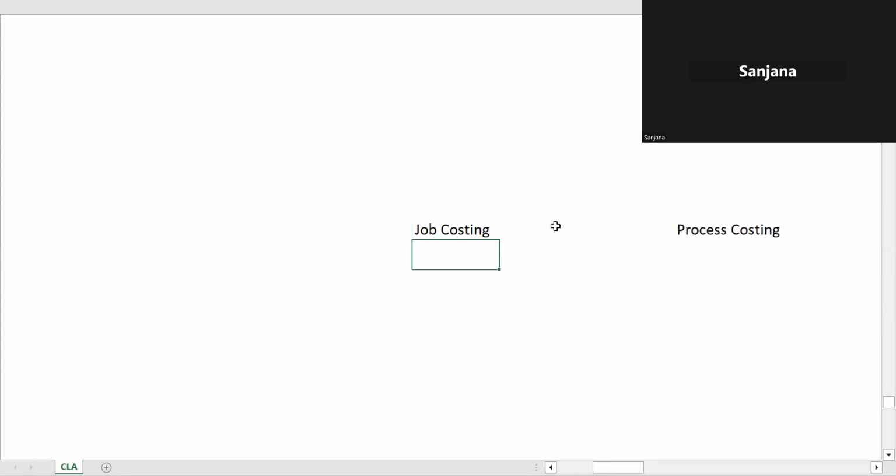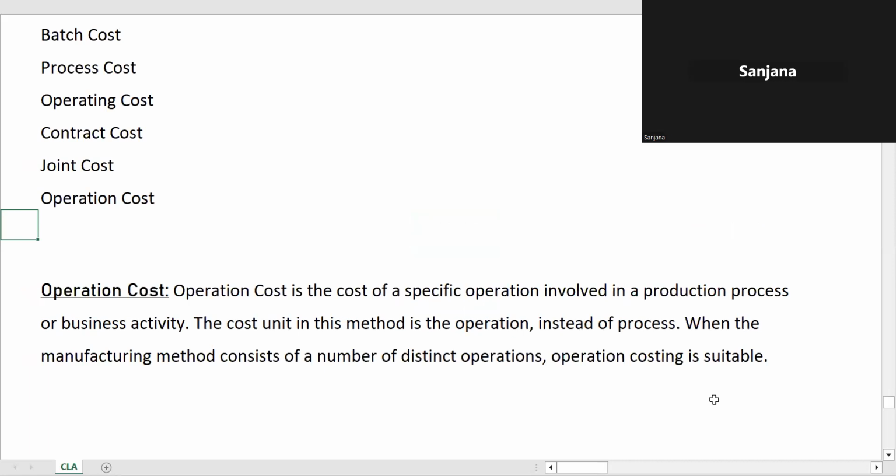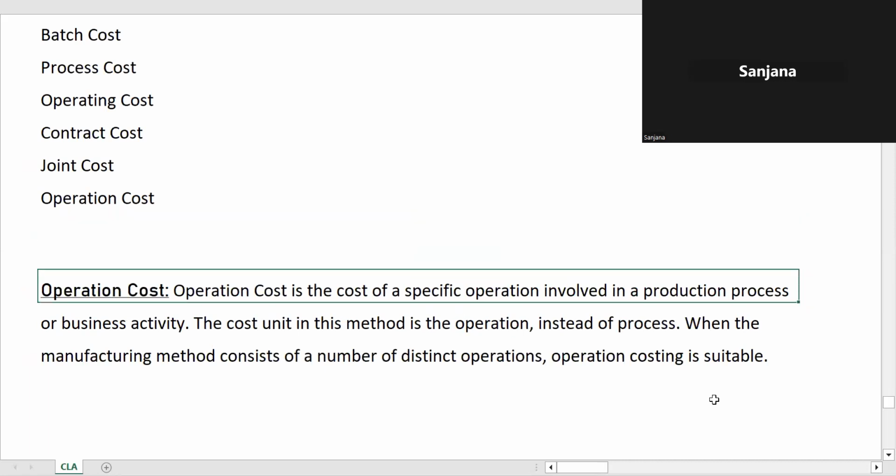For example, you are manufacturing different types of vehicles, and each has to go through job costing. You are manufacturing 5 different types of jobs. But now you have to paint all of it. Quality of paint is the same. So you can automate a process such that all these will go through the same process and get painted. So this painting will be determined as per process costing and this as per job costing. So when two different methods are used, it is called operation costing.